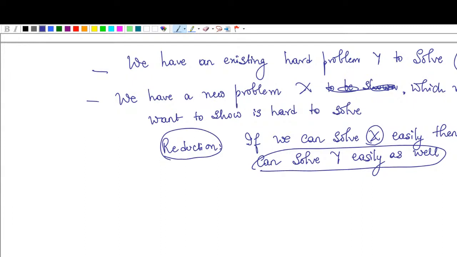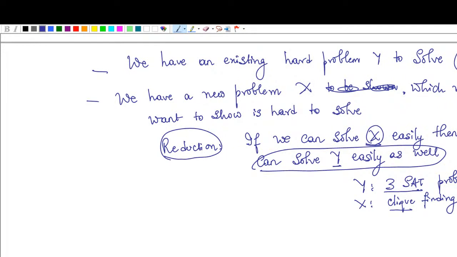That's intuitively what we do through reduction proofs in complexity theory. Okay, and this reduction basically is done by reducing an instance of the problem Y to an instance of the problem X. So for instance, if your Y is the 3-SAT problem, and if your X is, say, the clique finding problem, then through reduction we show that you give me any instance of 3-SAT, I can reduce it to an instance of the clique finding problem.